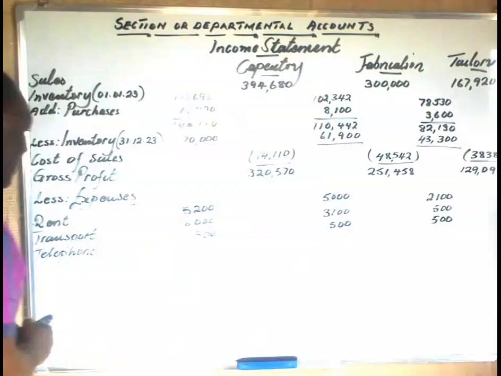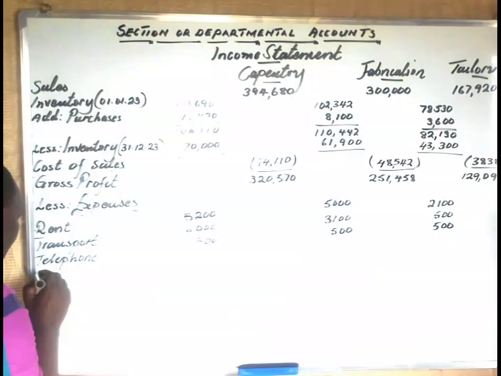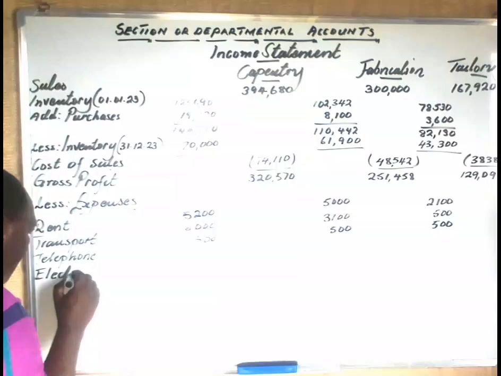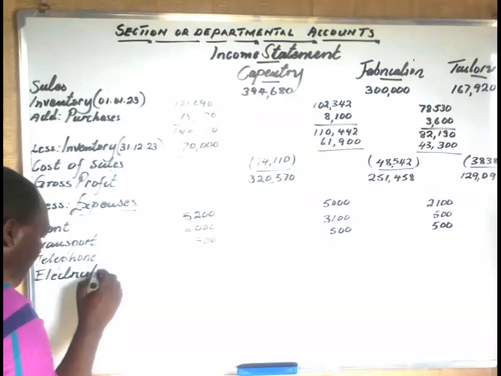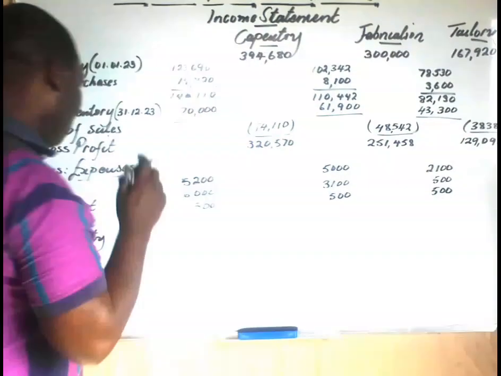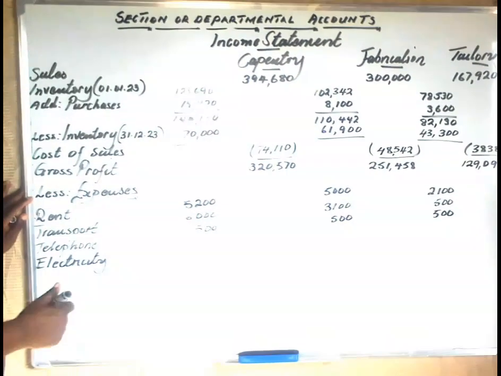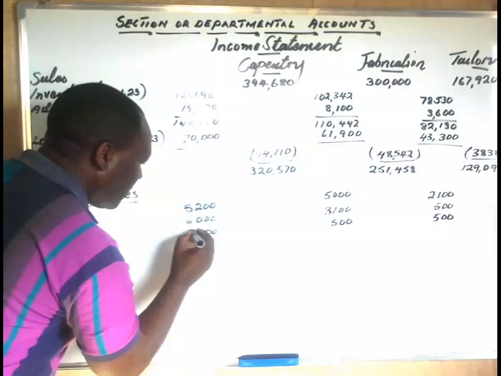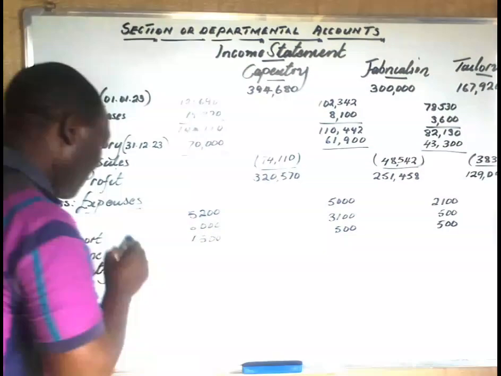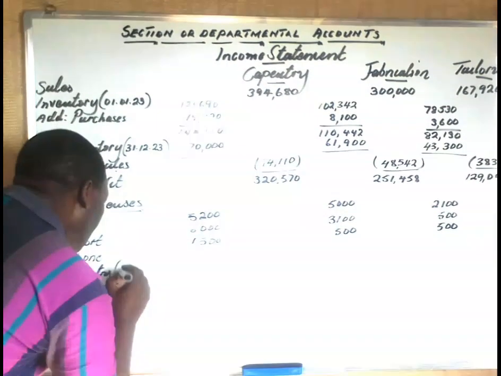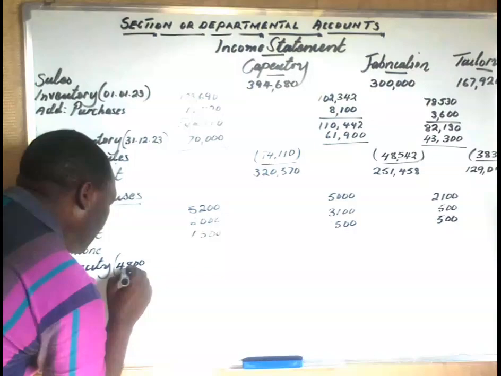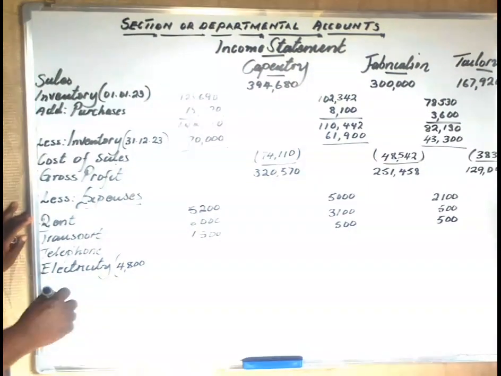The last expense is electricity. Don't forget that electricity was to be apportioned. The ratio was given on how to apportion. So the figure for electricity was 4,800. Then we are told to apportion.